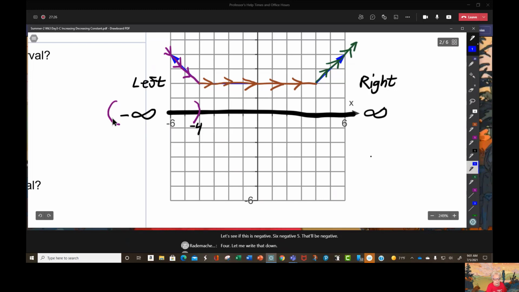The graph is going down for this part of the x-axis, from negative infinity to -4.